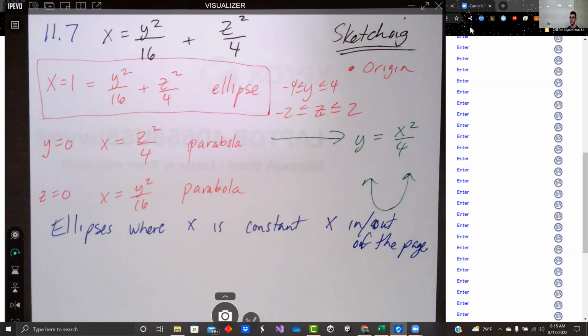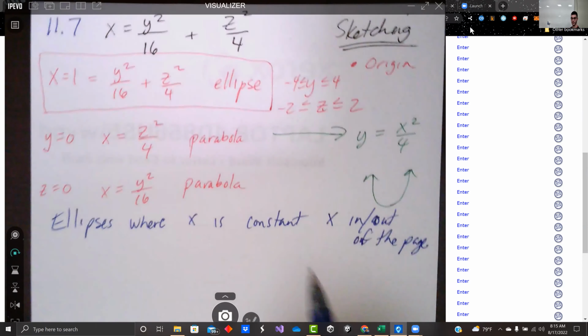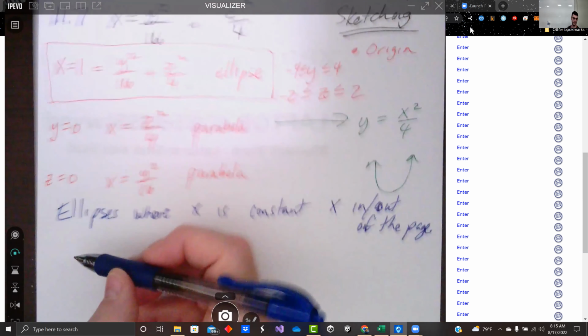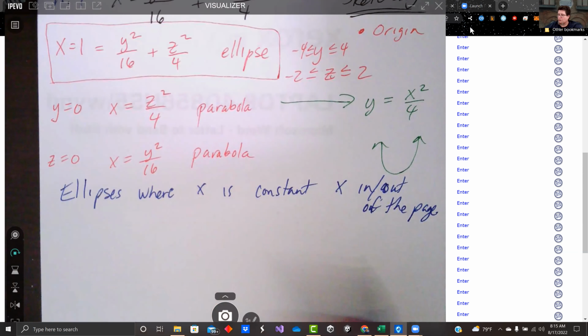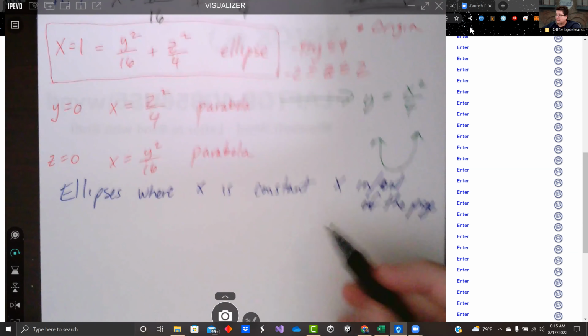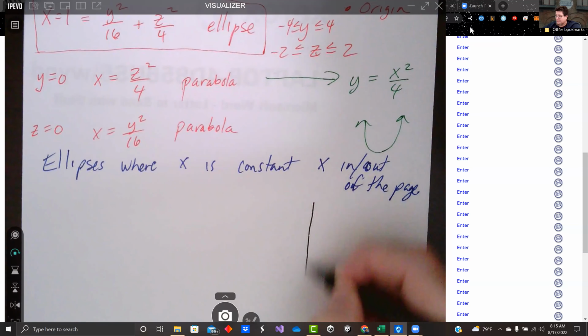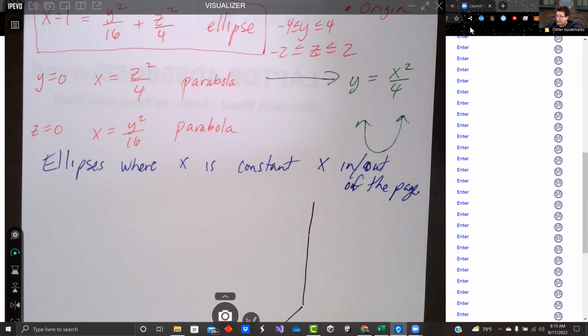Can x be negative? No, I'm hearing no. So it can't be negative. So when we're graphing it, it looks like we're only dealing with stuff on the positive side of the x-axis.